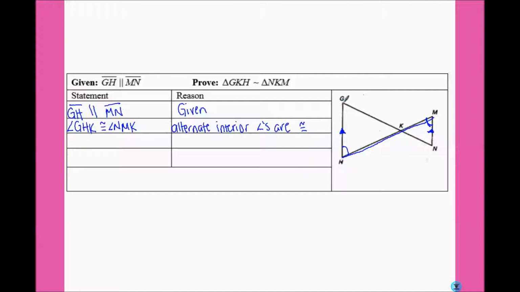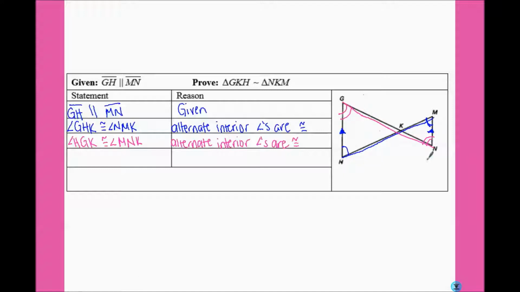Well, because they also have the two parallel lines being connected by this line, we know that these two alternate interior angles are also congruent. So angle HGK is congruent to angle MNK by the same reason. Alternate interior angles are congruent.